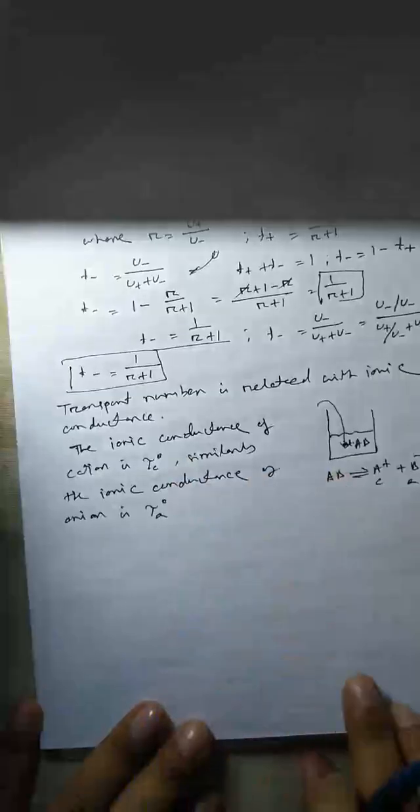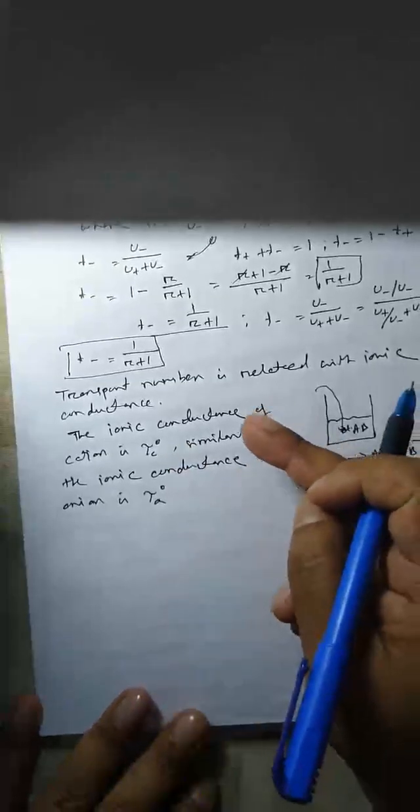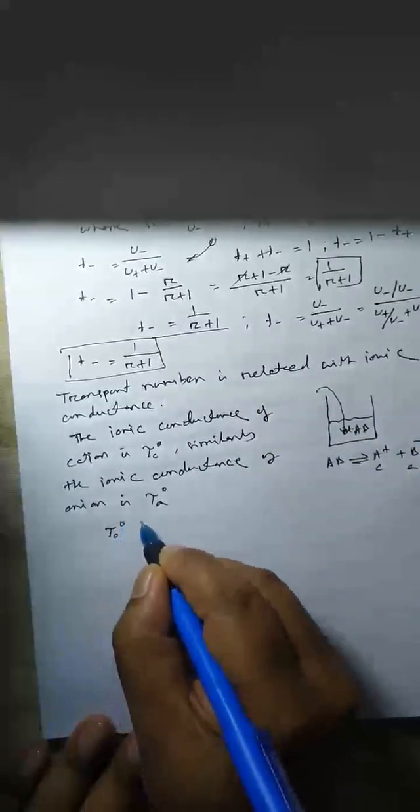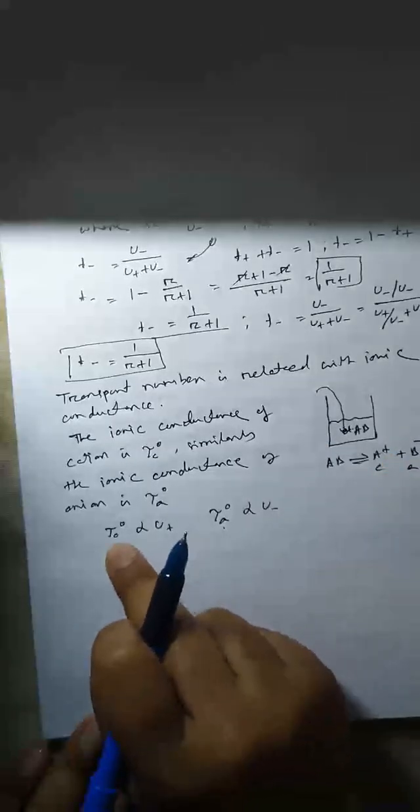These ionic conductances are proportional to their speeds. Lambda C naught is proportional to u plus and lambda A naught is proportional to u minus. The ionic conductance of the cation and of the anion depend upon the speeds of the cation and the anion.